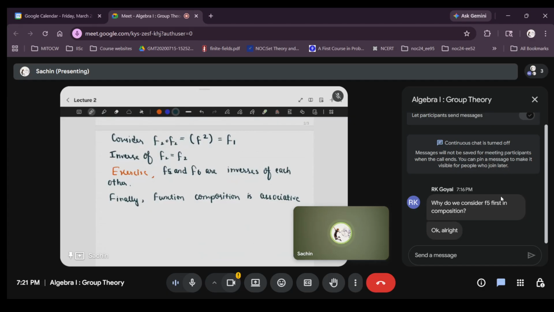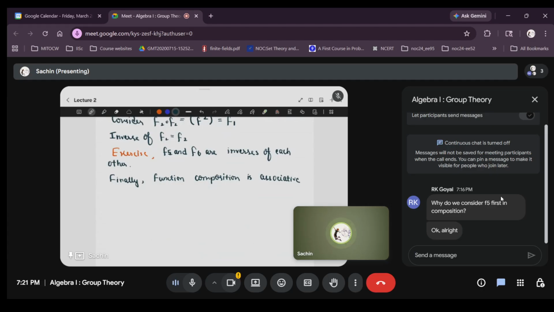And finally, it is also associative. So these four properties are held by both the set of integers under addition and the set of bijections from 1 to 3 to 1 to 3 under function composition.